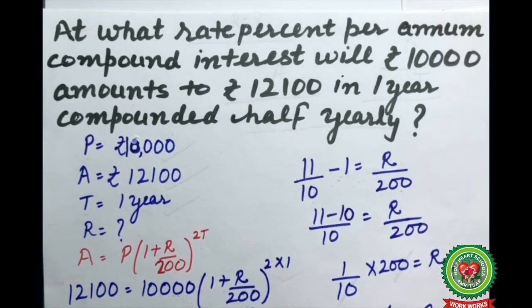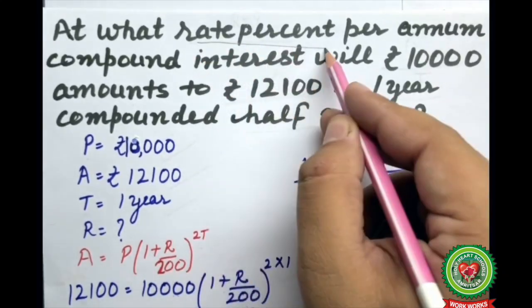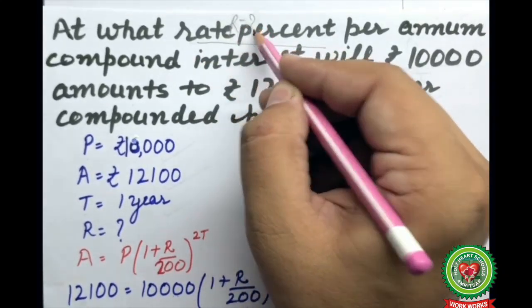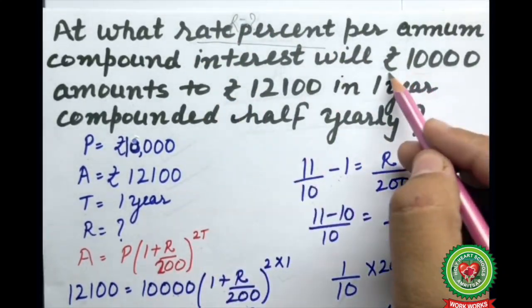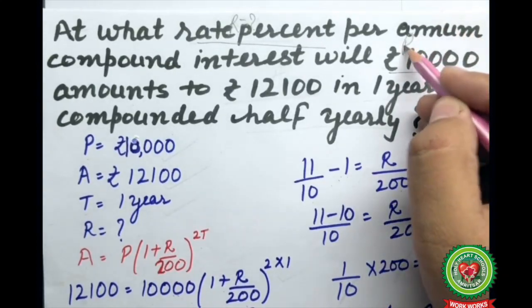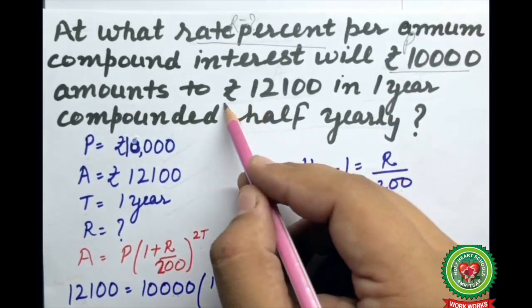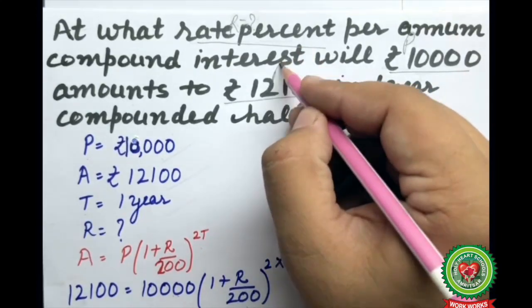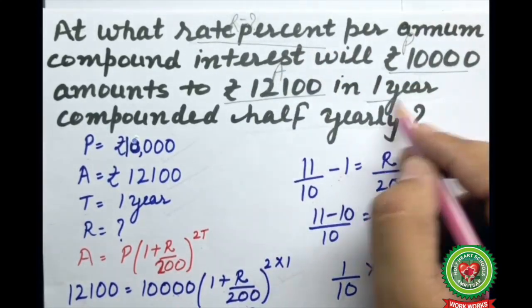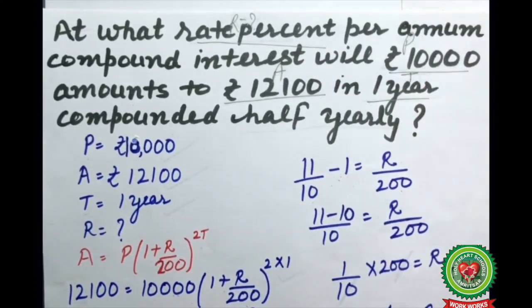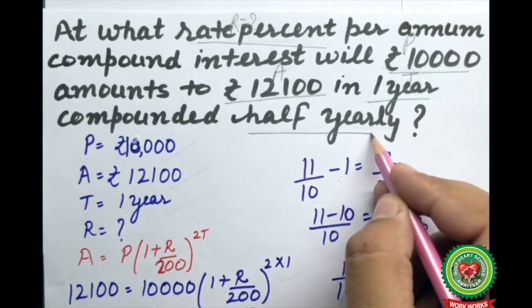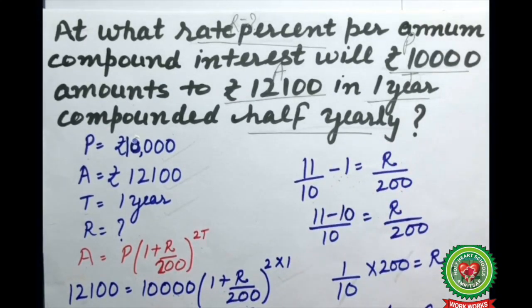So let us find out what is given to us in this sum. At what rate percent? That means we need to find R. Will rupees 10,000, that is principal, amounts to rupees 12,100, that is amount, in 1 year, that is the time period, compounded half yearly.